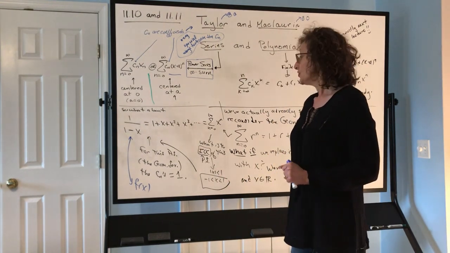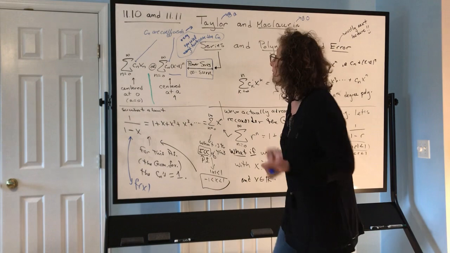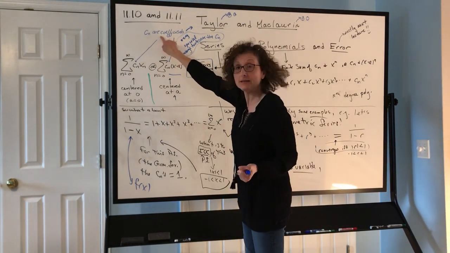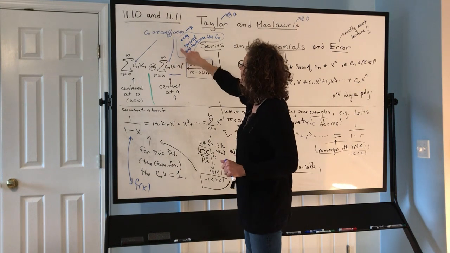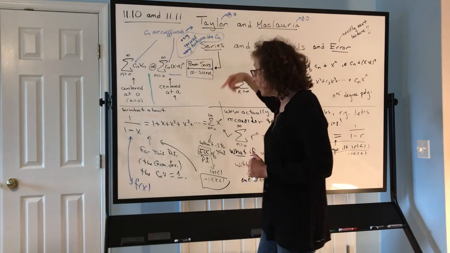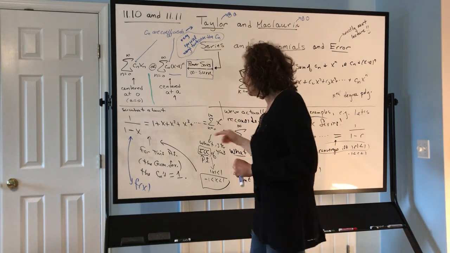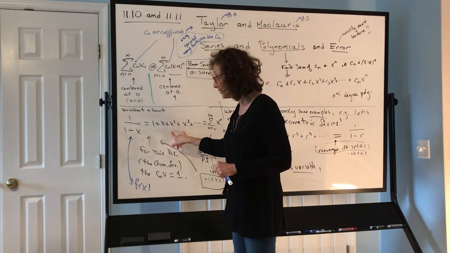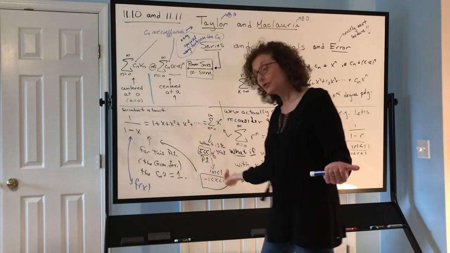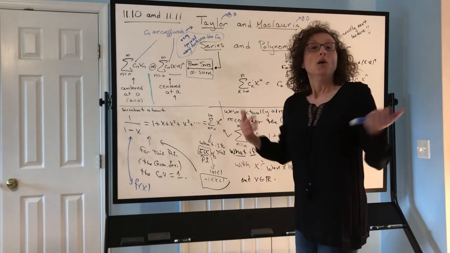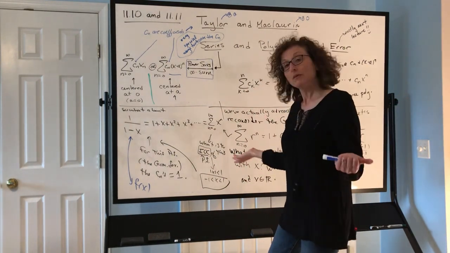So we need to figure out how to choose the C sub n's. How should we choose the C sub n's in some very special way so that if we wanted to create a power series that represents a function on its interval of convergence, we could properly do that?